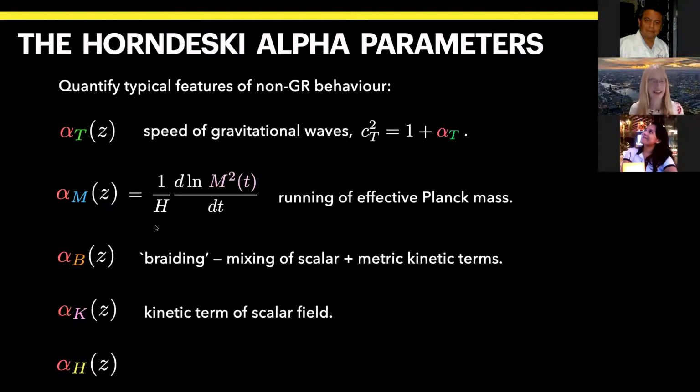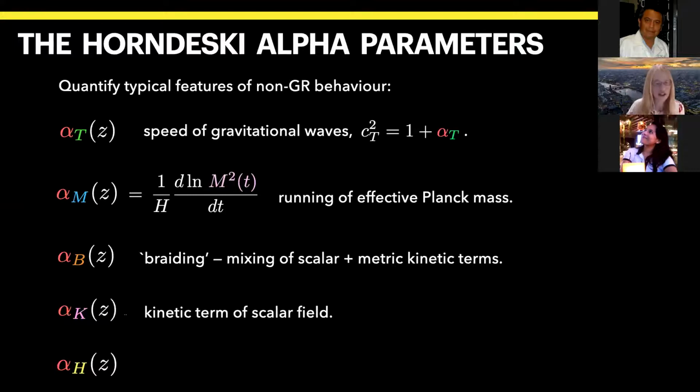And finally, there is alpha H. I don't know why it's been given the letter H in this case. We often call it the beyond Horndeski term because it describes an extension of the original Horndeski action.